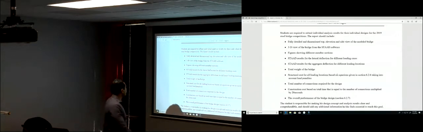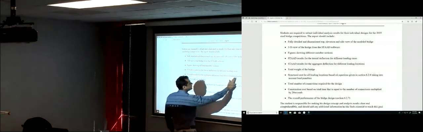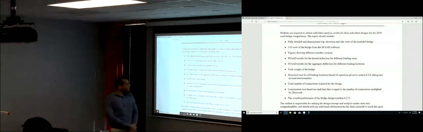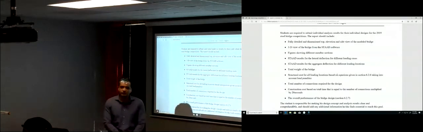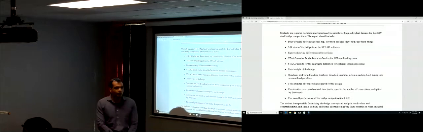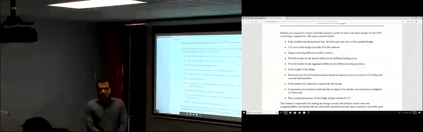And then this part, results for the aggregate deflection for different loading locations. What's the aggregate deflection? The aggregate deflection is the summation of the vertical deflection at point D1 and point D2. Where are point D1 and point D2? Just read your rules and you will know where they are for each case.